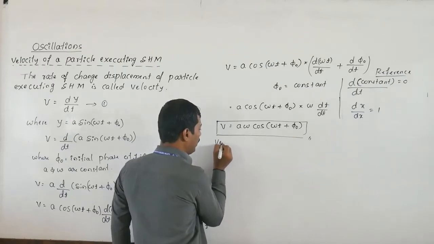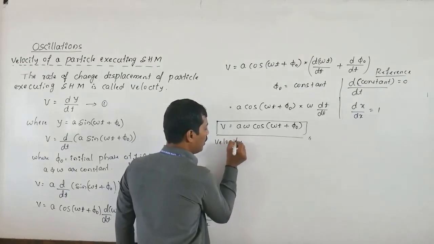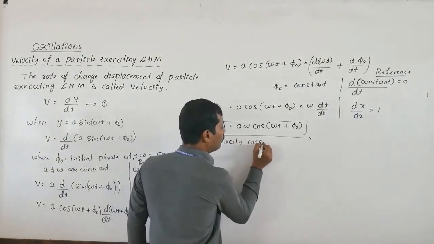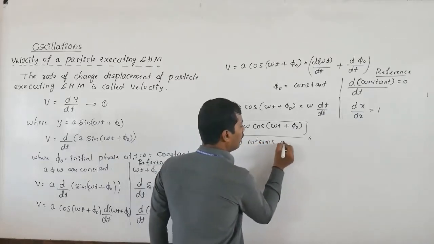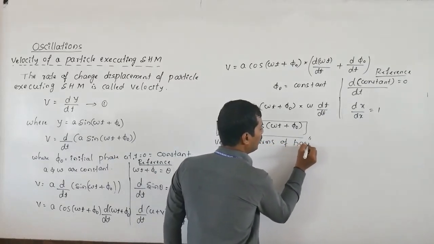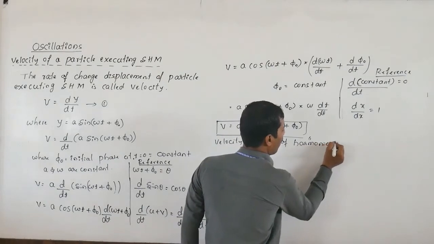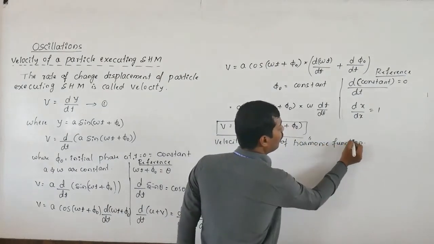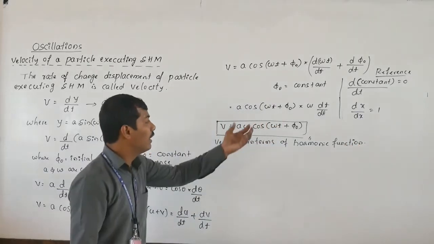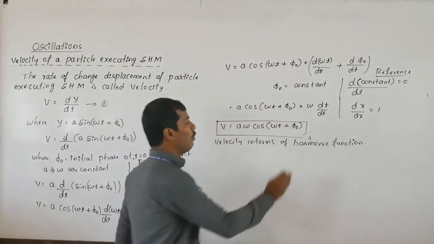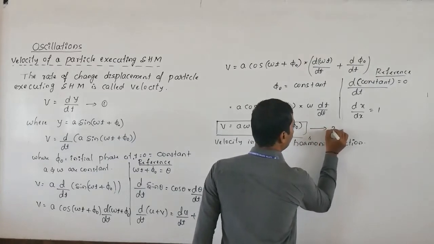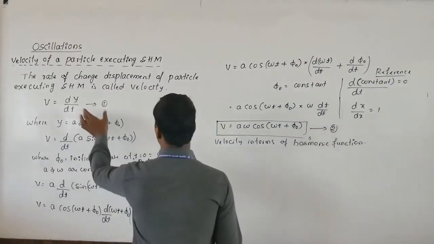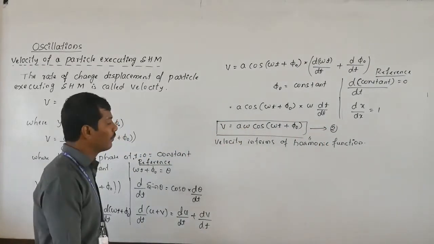This is the velocity in terms of the harmonic function. We have to remember this equation also. Call this equation number 2. Here equation number 1, here equation number 2.